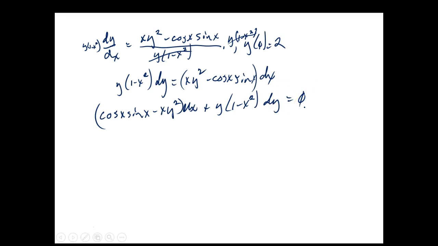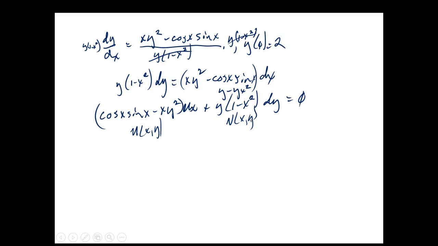Now we've got it in exact differential form, where this is your M of x, y and this is your N of x, y. Rather than keeping that separate, it's easier to write y minus yx squared. So that first one's my M of x, y, and this is my N of x, y.